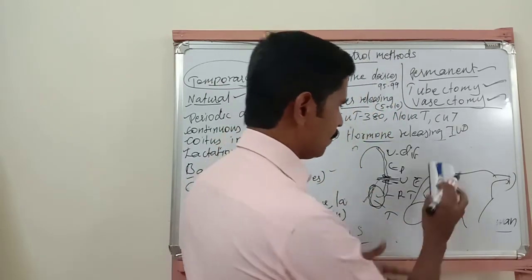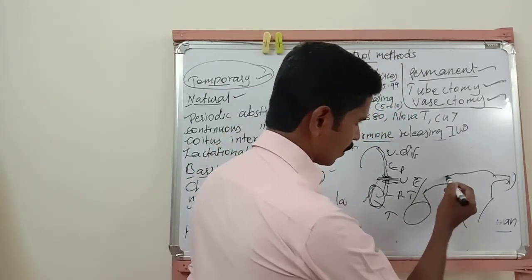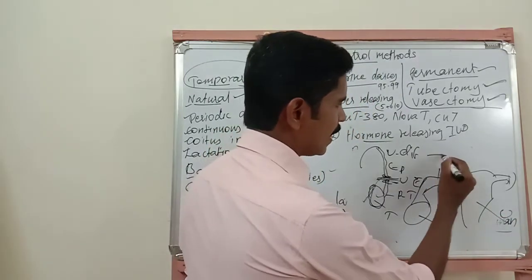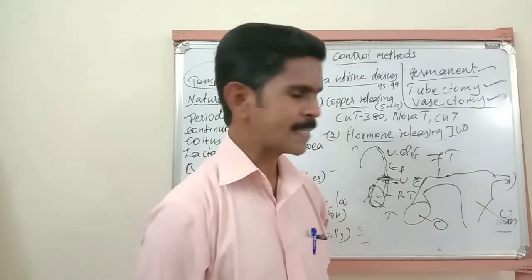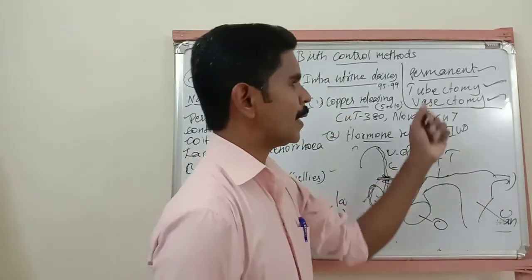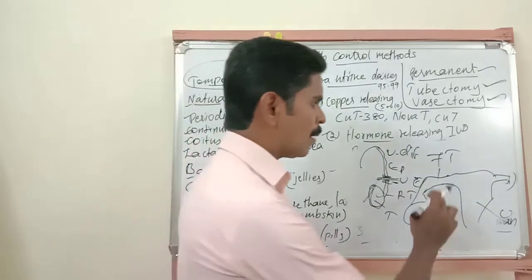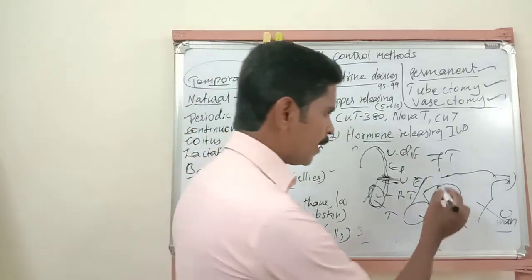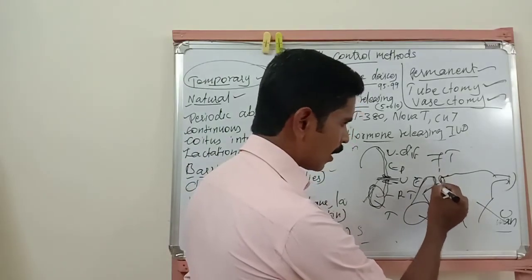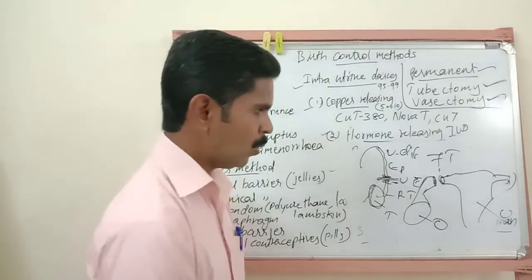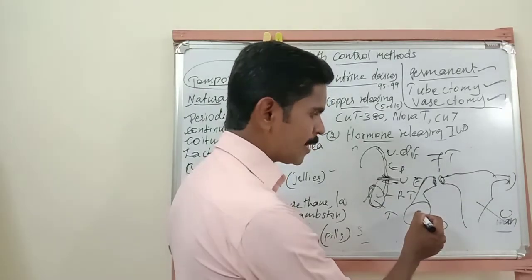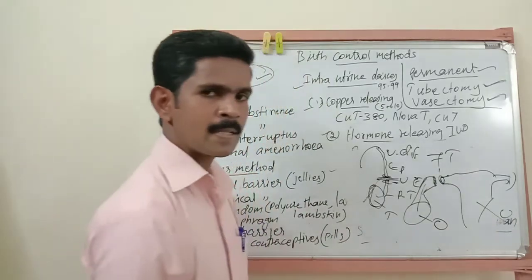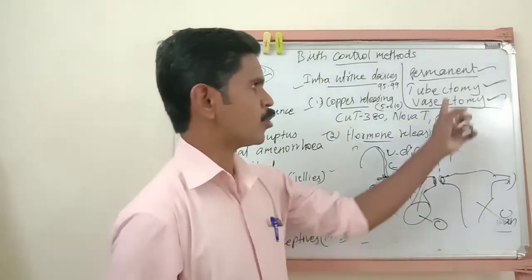Here is the uterus region, the ovary, and this is the fallopian tube, otherwise called the oviduct. In the tubectomy method, a small portion of this fallopian tube is cut and removed, then a small knot is made on both ends. Now the ovum released from this ovary is unable to come to the uterus region. So this method is called tubectomy.